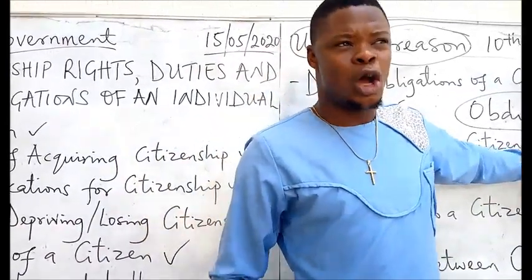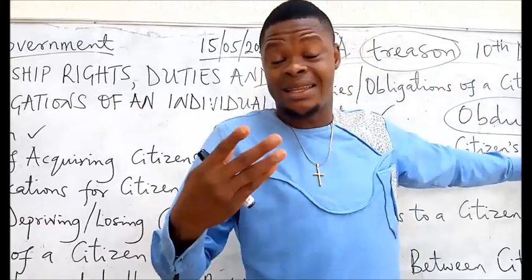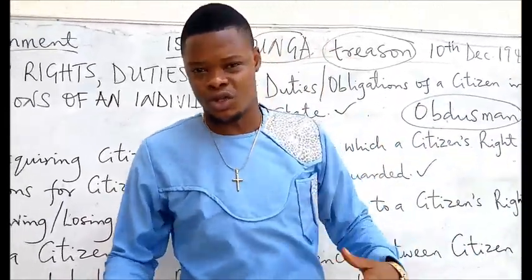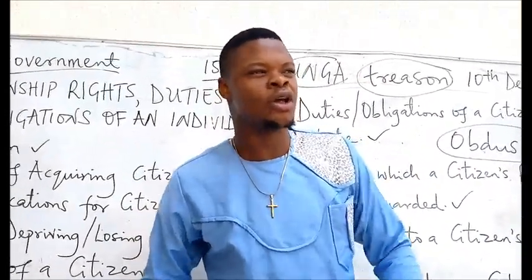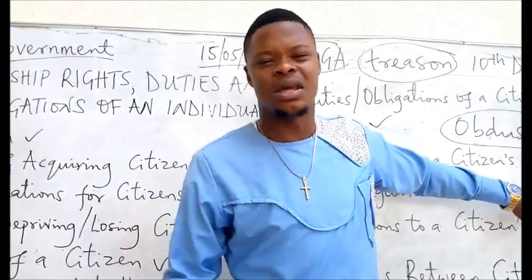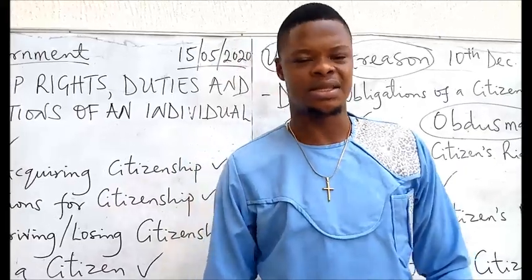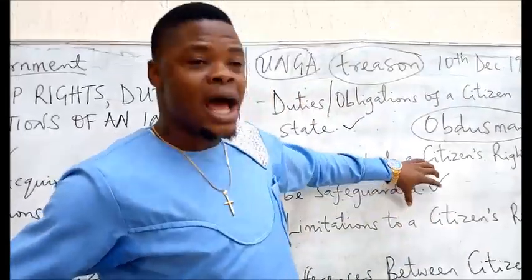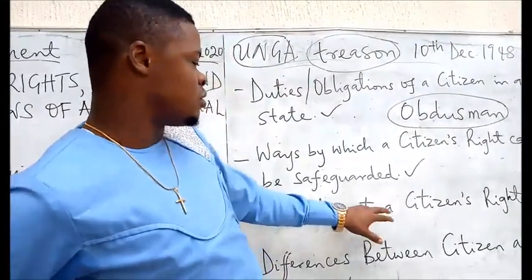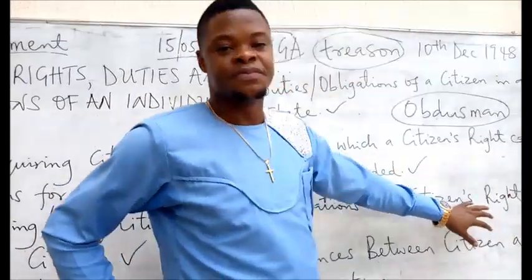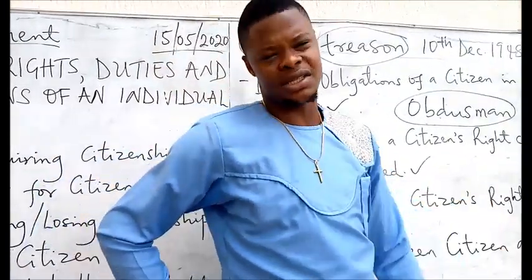When you look at authoritarian or totalitarian systems, like what you have in North Korea today under Kim Jong-un, you see that in such a system of government, the rights of an individual cannot be guaranteed. Then another limitation of a citizen's right is what? State of emergency.